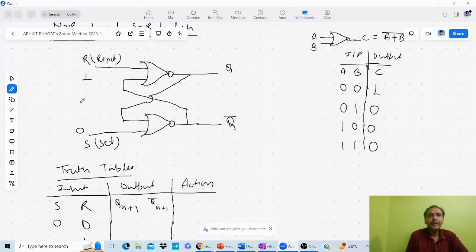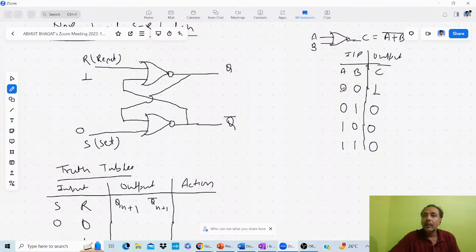In that case, you can see here when any one input is 1, any one input means in case of A and B, your output will be 0.